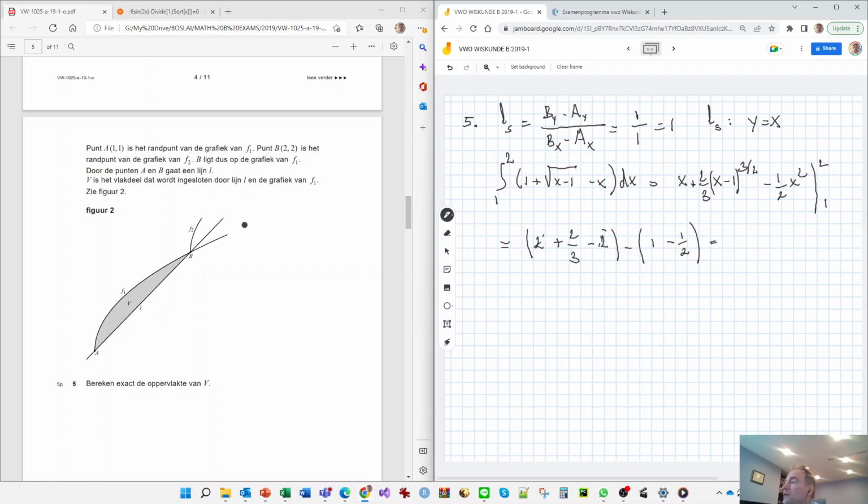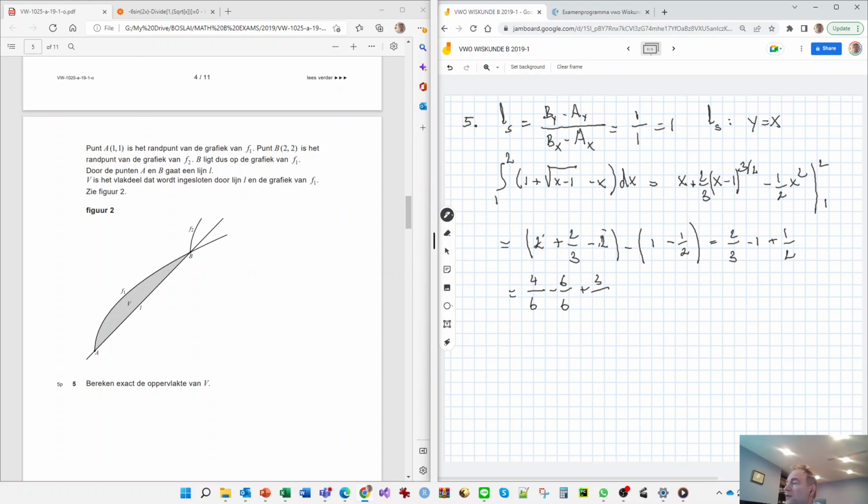These drop, so 2/3 minus 1 plus 1/2. Just put them under a common denominator of 6, so I get 4/6 minus 6/6 plus 3/6, which is minus 2 plus 3, is 1/6.